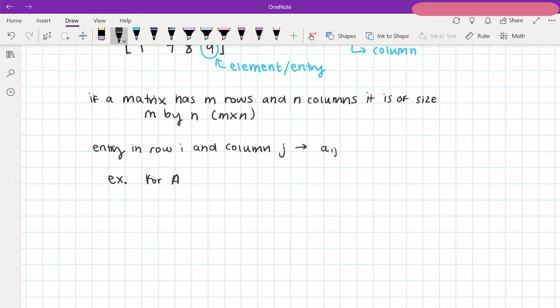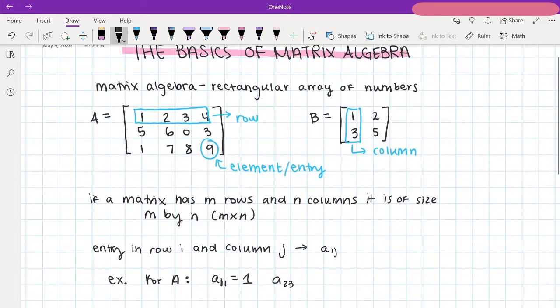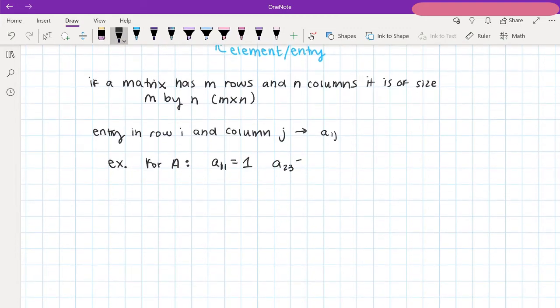If a matrix has a single row or a single column, it's called a row vector or a column vector. This is because there is only one single row or one single column. And here I'm just writing about the specific entries in each matrix.